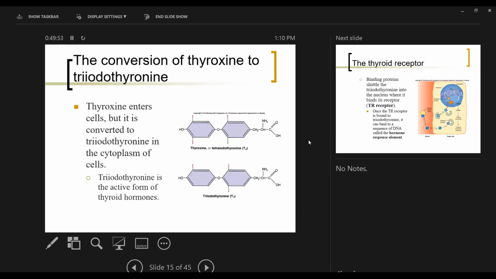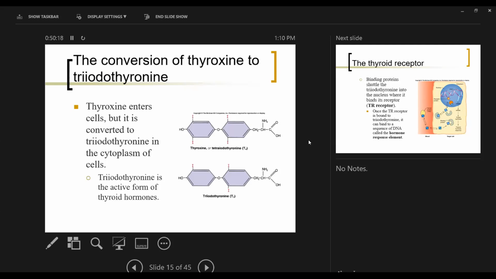Oh, but wait a minute, you say. These aren't steroids. You're right, they're not. But they signal through a protein that's a member of that steroid binding superfamily. This protein, the thyroid receptor, is a gene repressor. It represses transcription of genes.